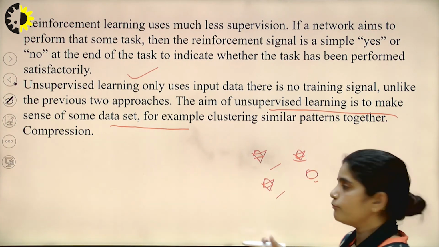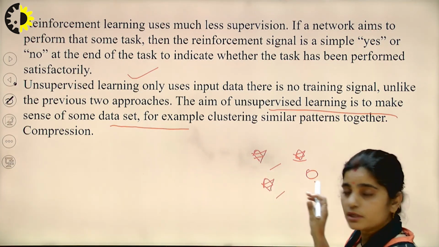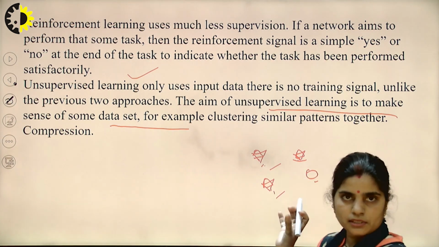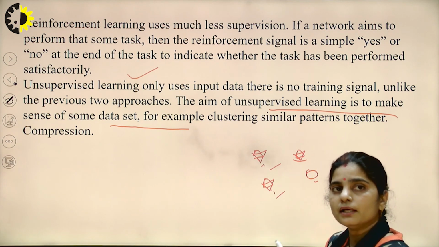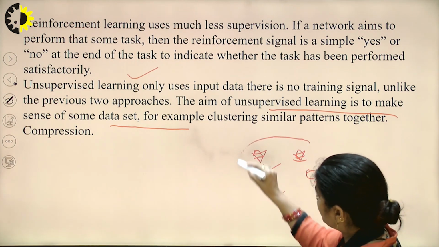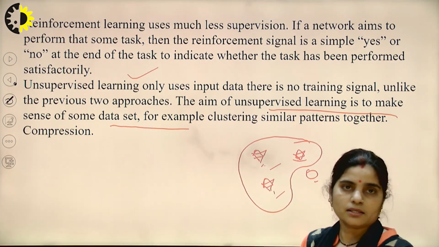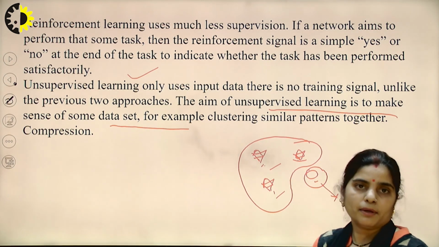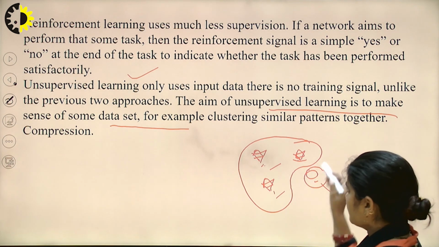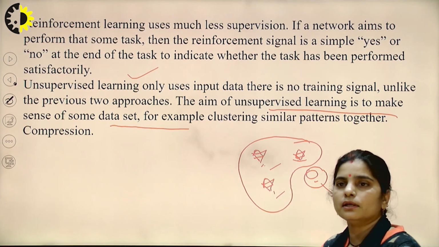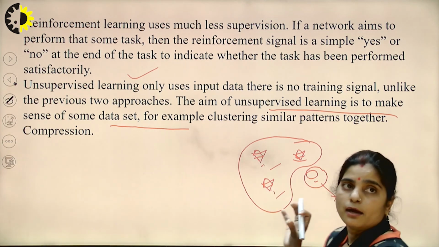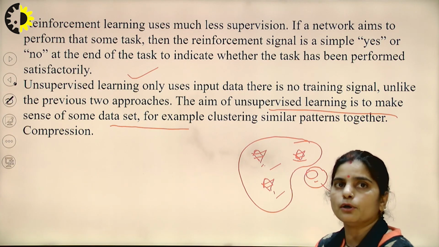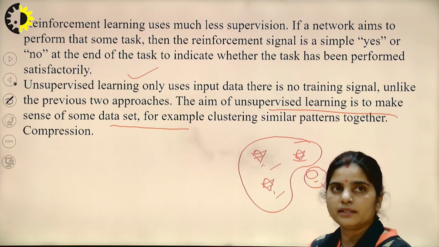Based on the appearance of those symbols, we have to identify that these three images resemble each other somewhat. So we put these 3 stars into one cluster, and the circle becomes an outlier. Based on the characteristics and recognition of the data sets, we make sense of the data, but no training signals or labeled data are provided in unsupervised learning.